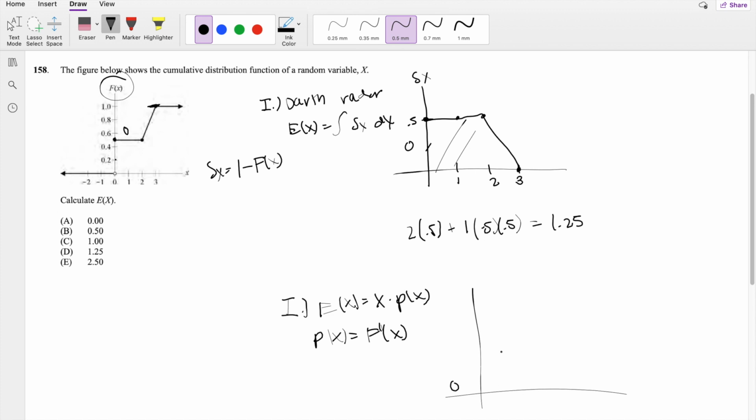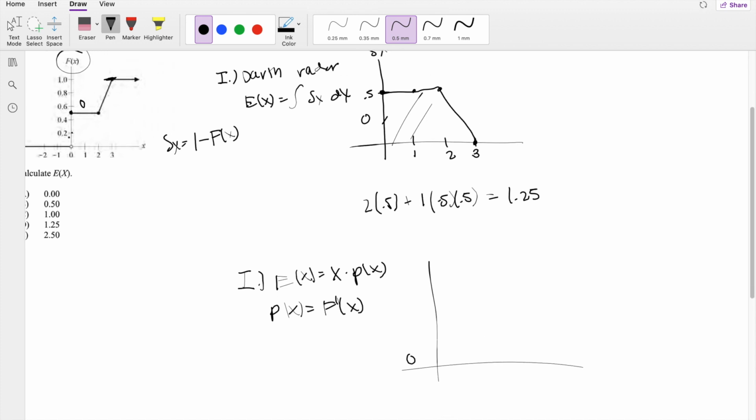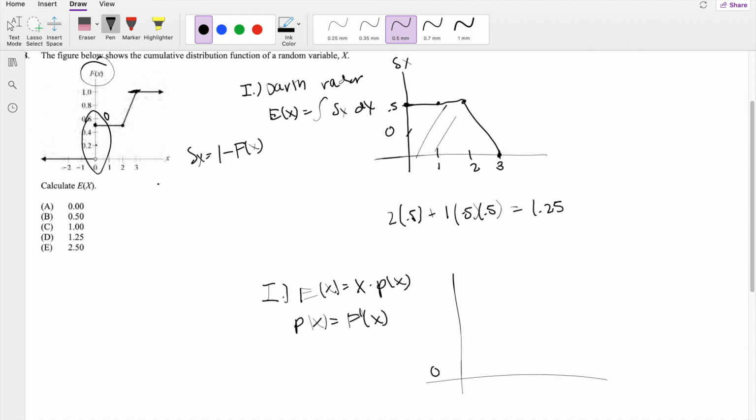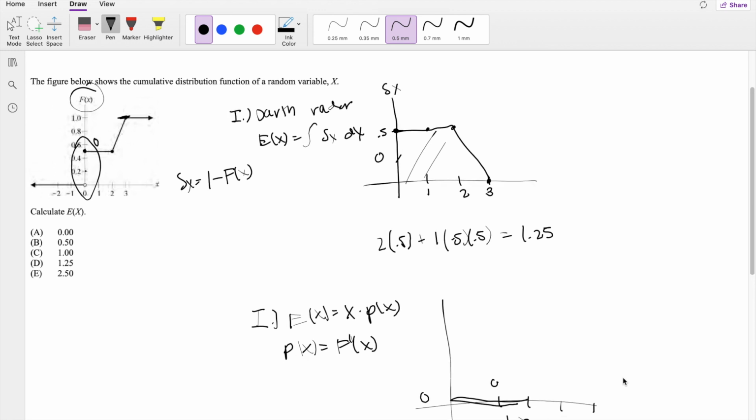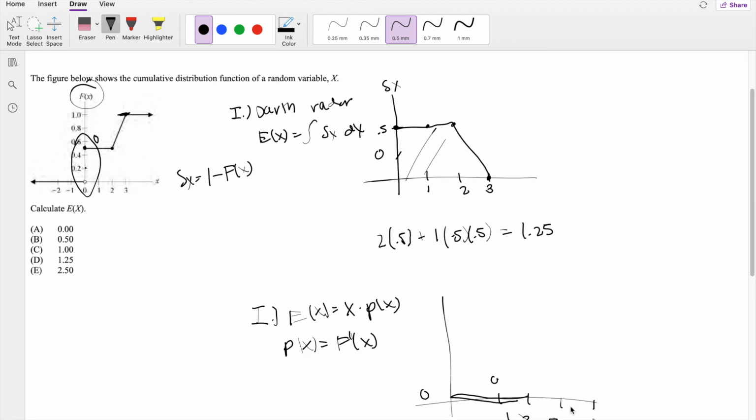From 0 to 2 it's a constant, and if you take the derivative of any constant, it's going to be 0. And same thing after 3, it's going to be a constant as well.